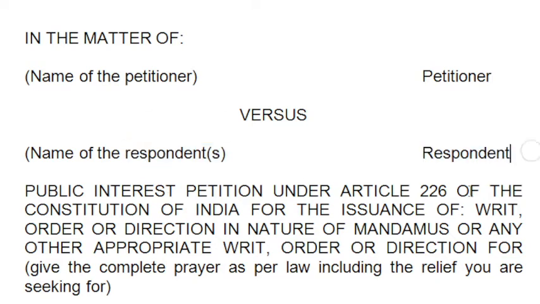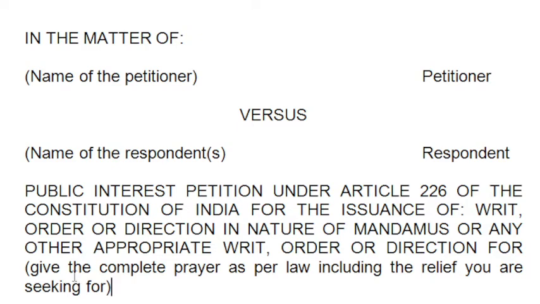Now here is the subject: public interest litigation under Article 226 of the Constitution of India for issuance of writ. We are persuading the court to direct a writ or certain order or direction. It can be mandamus or any other appropriate writ or order or direction.